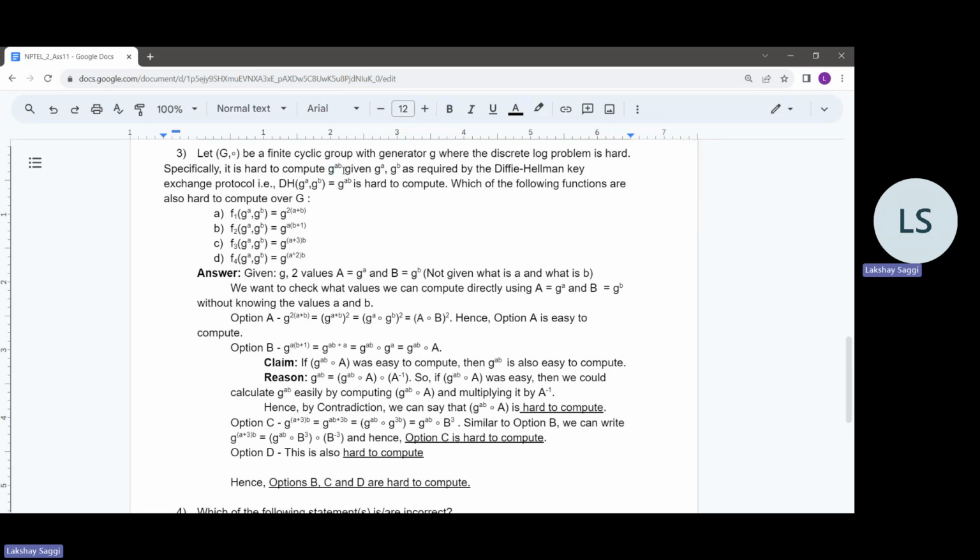If we had just given G raised to the power A plus B, that would actually be easy to compute, so Diffie-Hellman would fail. That's why we take G raised to the power AB in the Diffie-Hellman key exchange.